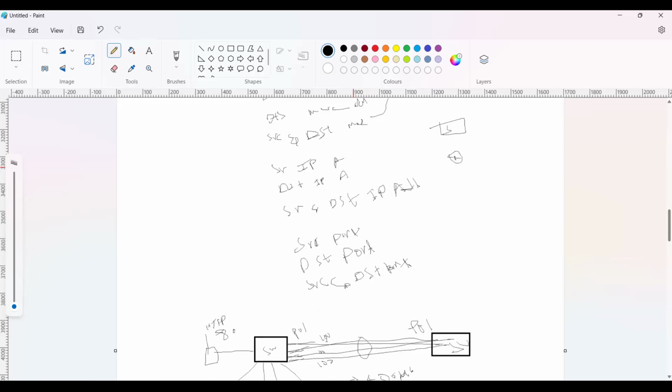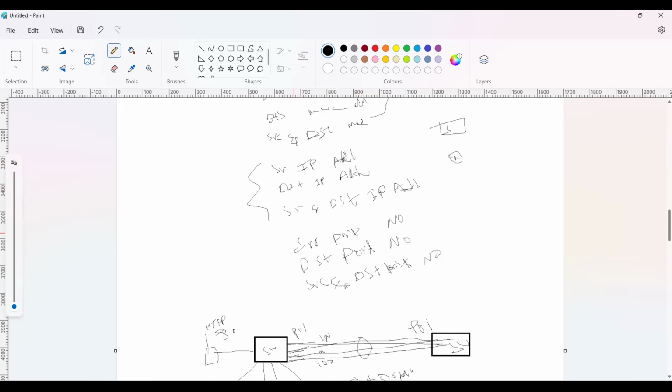And IP address, here we have 3: source IP address, destination IP address, and source and destination IP address. And port numbers: source port number, destination port number, and source and destination port number.